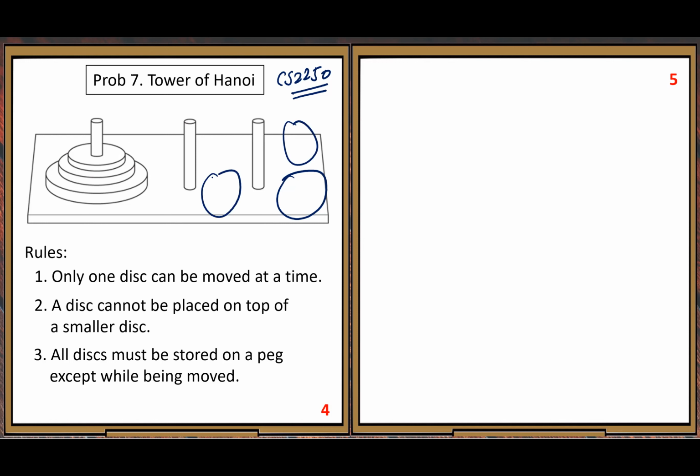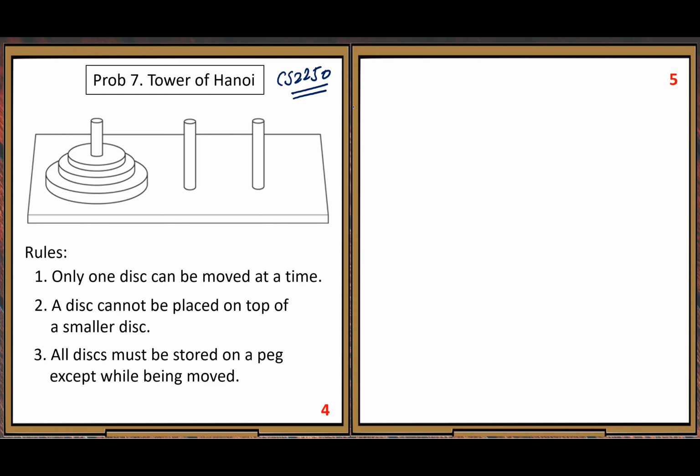When you have many disks, before you put one on the destination peg, you could use the large space on the table or even on the ground. That's a violation, because that would make the puzzle too easy and trivial, not challenging. For that reason, we do not allow this to happen. That's our rule number 3.